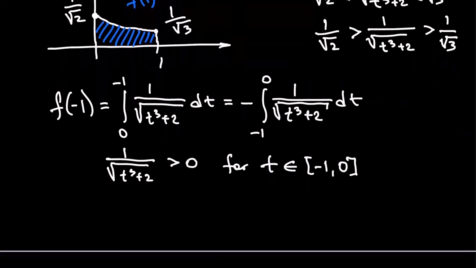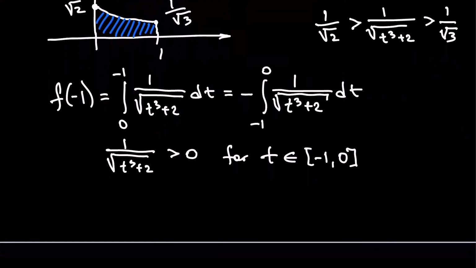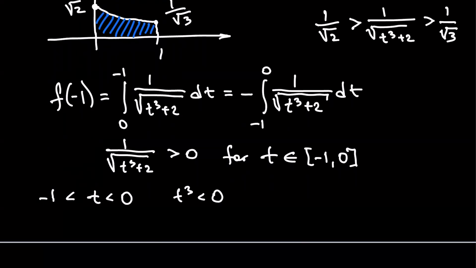So if t is between -1 and 0, then it means that t cubed is between -1 and 0, which means that t cubed plus 2 is between 1 and 2.